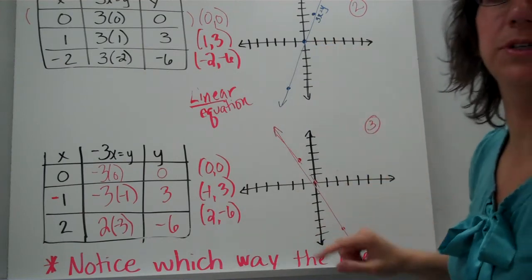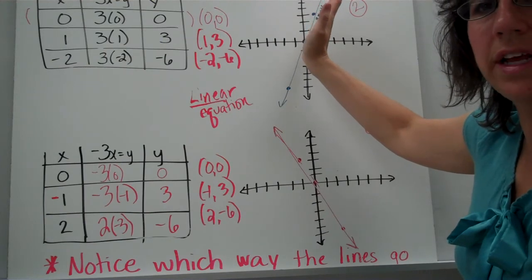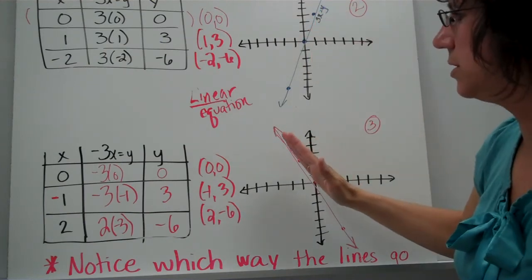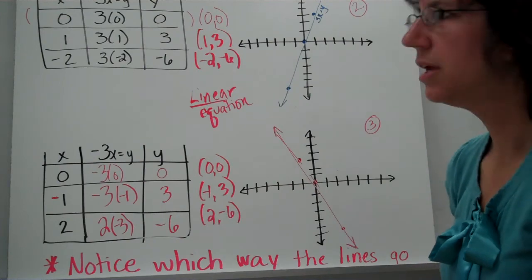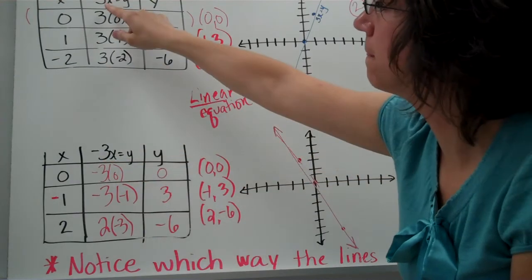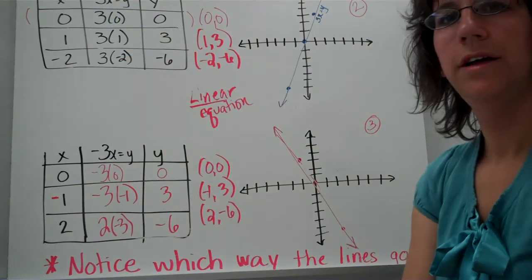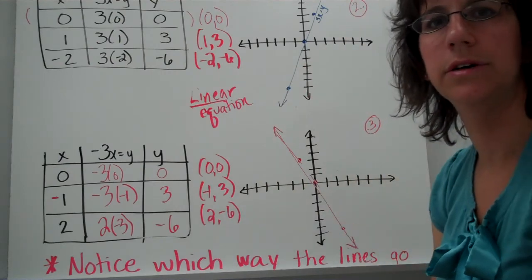Did you notice the difference between these two? This one, the blue graph, is pointing in this direction. This one is pointing to the left. Do you see the difference? Can you look at the 2 equations? What's different about them? The difference between the equations is what's creating the different line here.